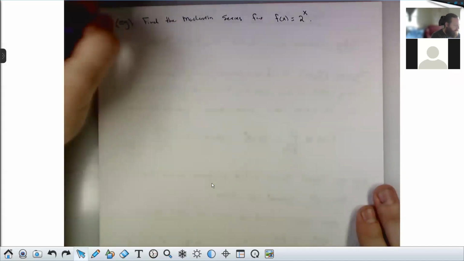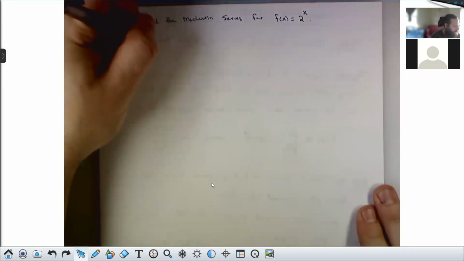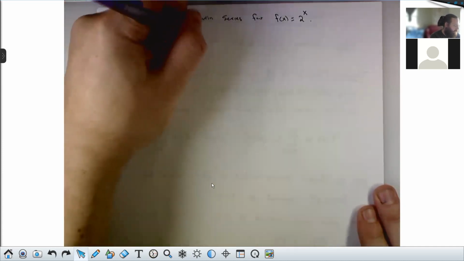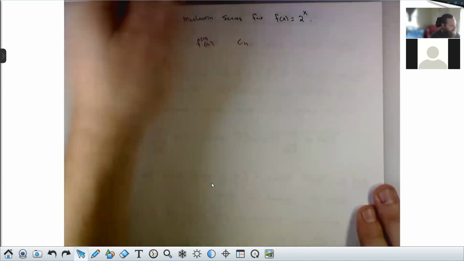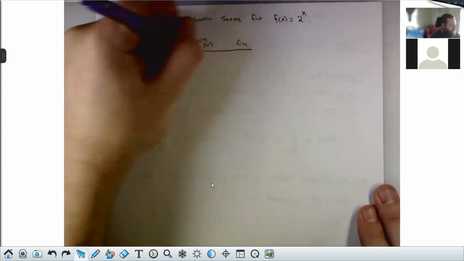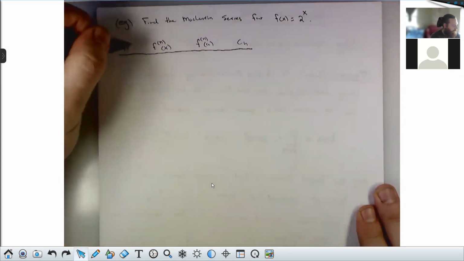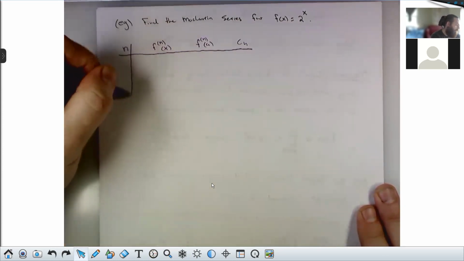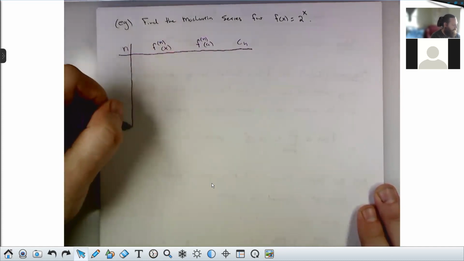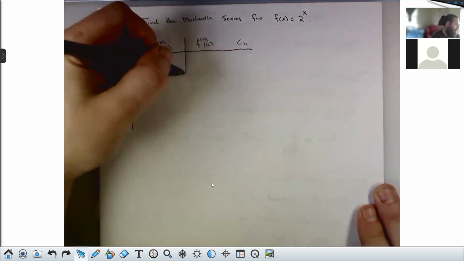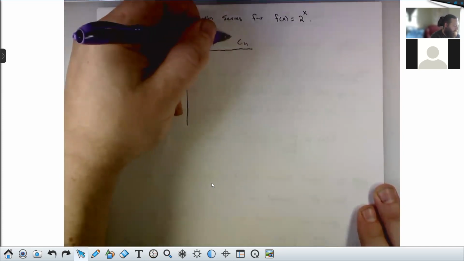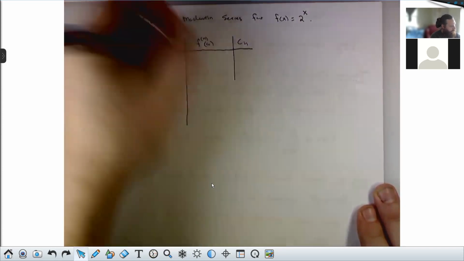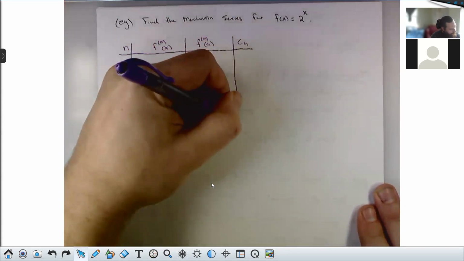So I'm going to build that table: the nth derivative of f, the nth derivative evaluated at the center, and the coefficient Cn. We're going to do the same thing.